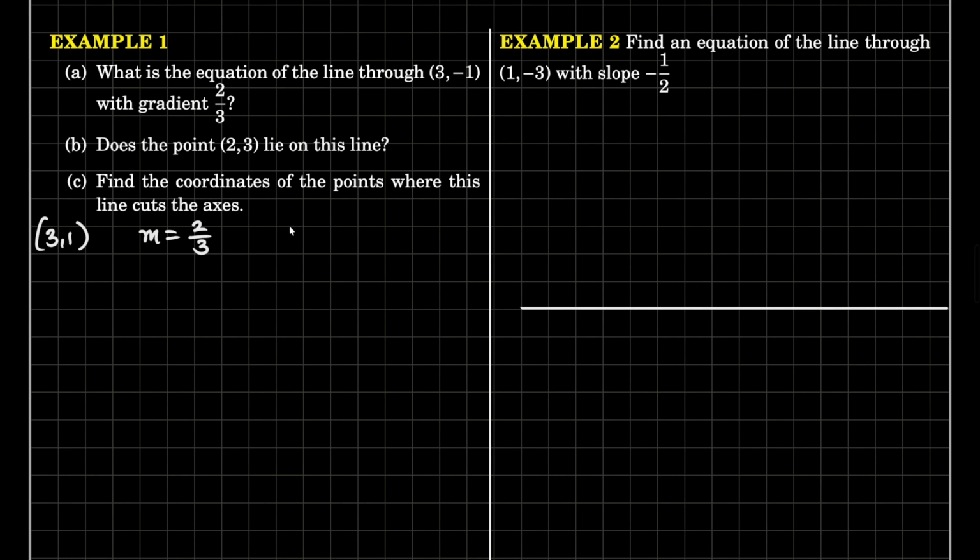The formula is m is equal to y minus y1 over x minus x1. Now the point they gave us is the x1, y1. Now we will substitute what we have back into this place. m is 2/3, we replace m with 2/3.